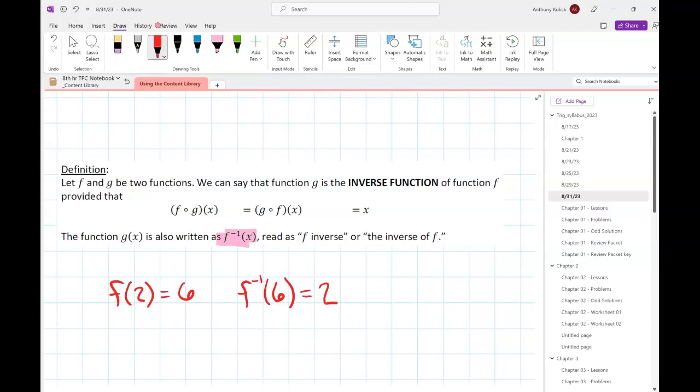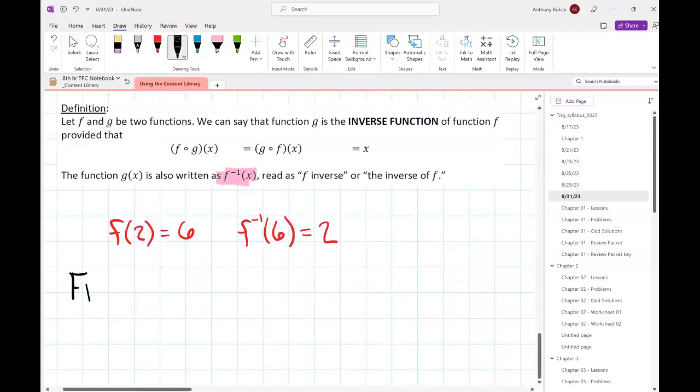What f inverse is doing is basically undoing whatever f did. If f is the map from 2 to 6, then f inverse has to take 6 back to 2. It's basically the way home. It's the return leg of your journey. Everybody's okay with that idea? Okay.